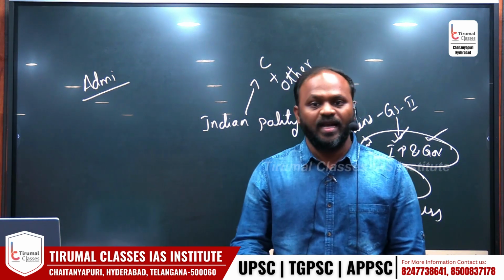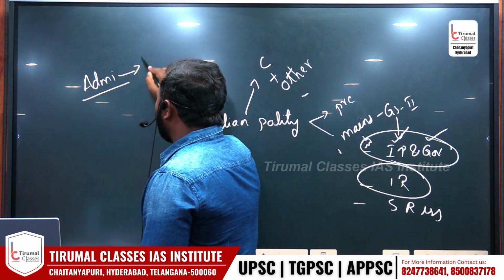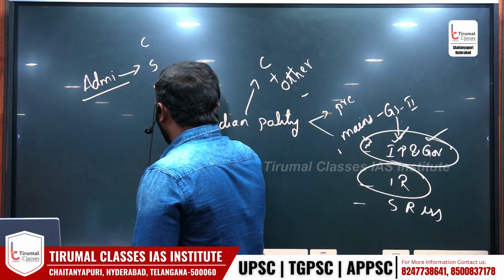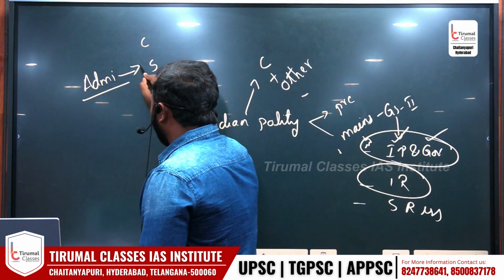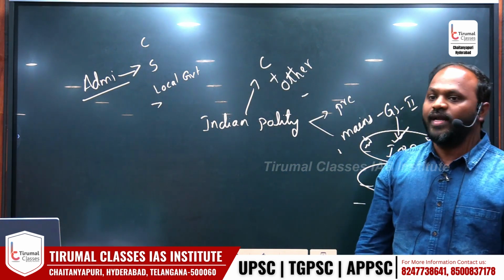We call it paripalana. But when you want to administer the state, we need the central government, state government, followed by local governments. To administer India, we have the central government, state government and local bodies.